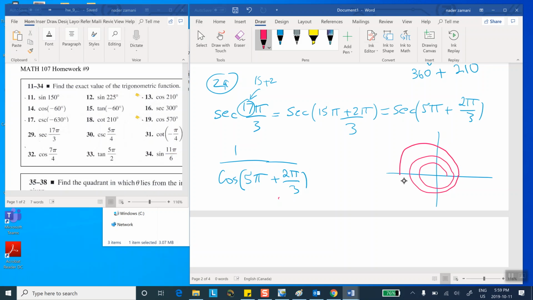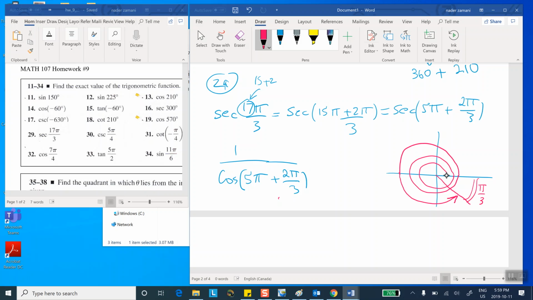And then you go by 2 pi over 3, to this location. When you look at this diagram, this piece is pi over 3.